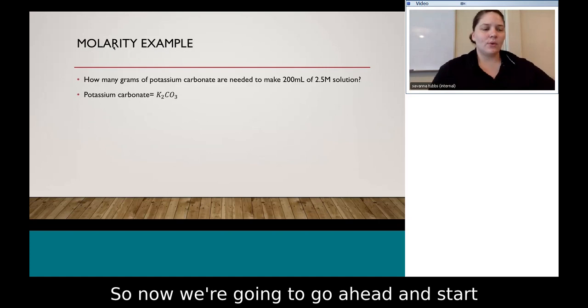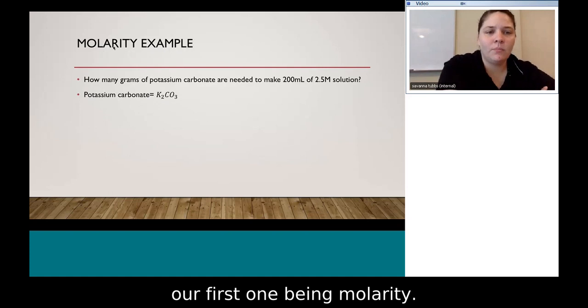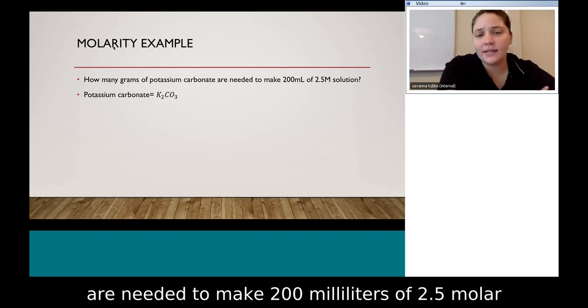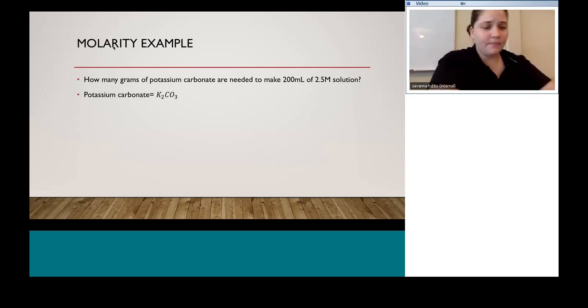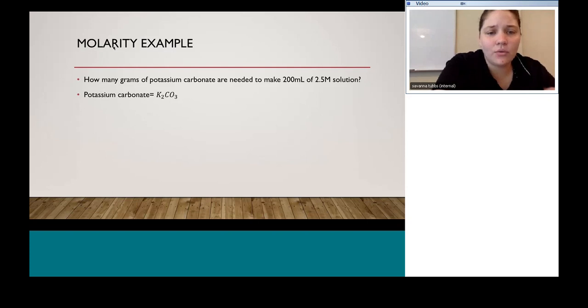So now we're going to start to work through examples of each of our concentration terms, our first one being molarity. They want to know how many grams of potassium carbonate are needed to make 200 milliliters of 2.5 molar solution. We're given that potassium carbonate is K2CO3.